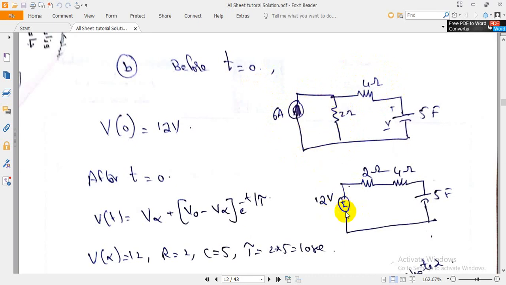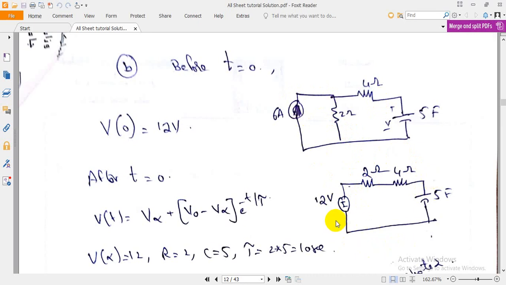It is plus, it is minus. The direction of the current source is upward, that's why plus will be on the upside, minus on the downside, by using the source transformation theorem. And the 2 ohm will be in series, and 4 is as it is. Now you got the circuit. This is t less than 0.